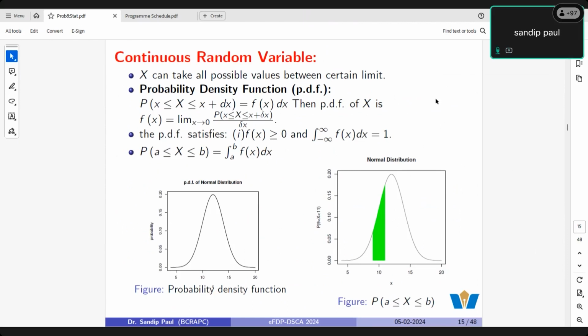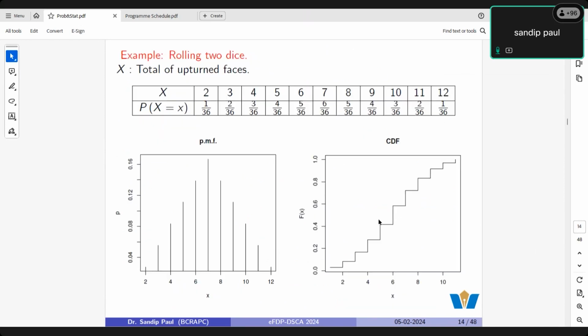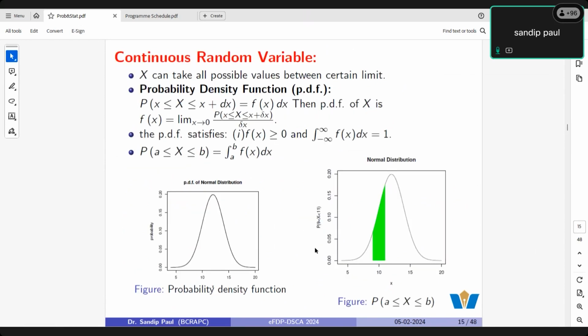In the case of the probability mass function, we can define the probability at that point. But in the case of a continuous random variable, we cannot write the probability at a given value of x. So we have to define the probability in some range, or in some very close interval of x.